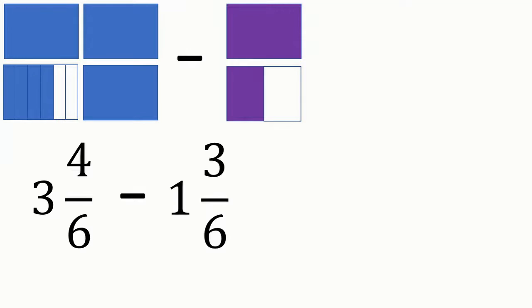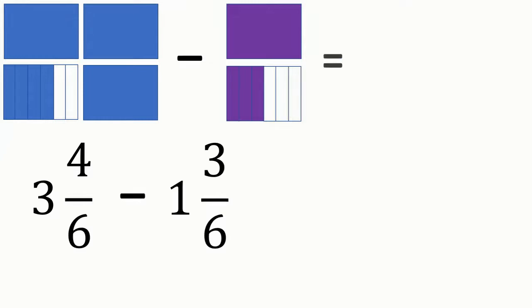Then 1/2, since multiplied by 3, then each part of it will be divided by 3 in the figure. Now the figures are fit to solve. We can remove 1 and 3/6 from 3 and 4/6.